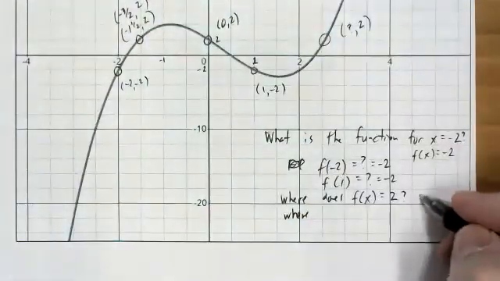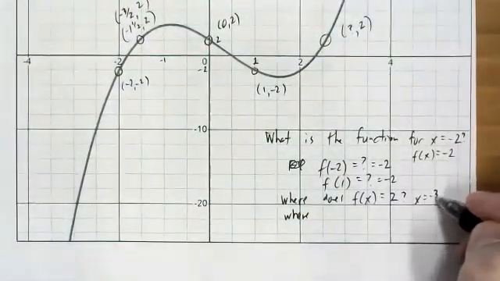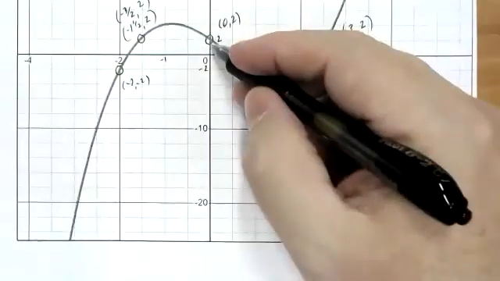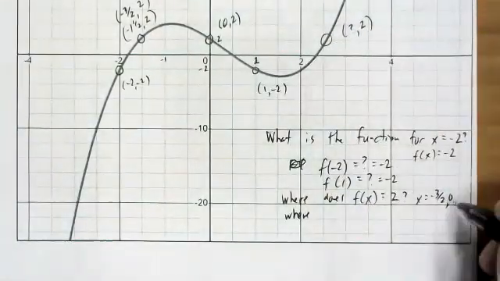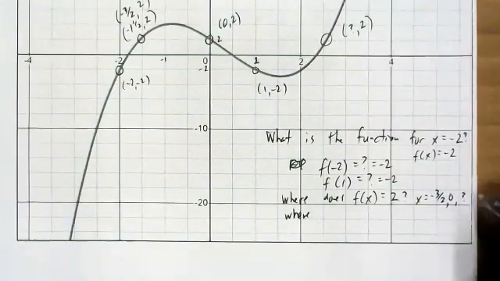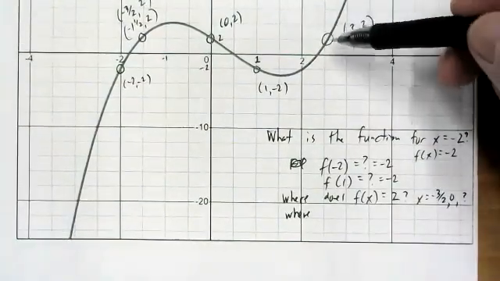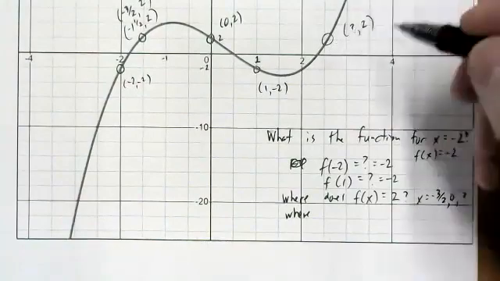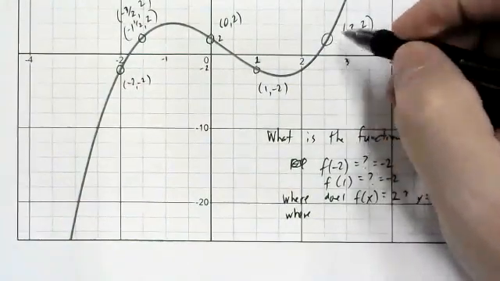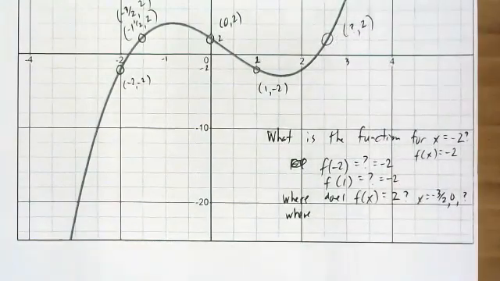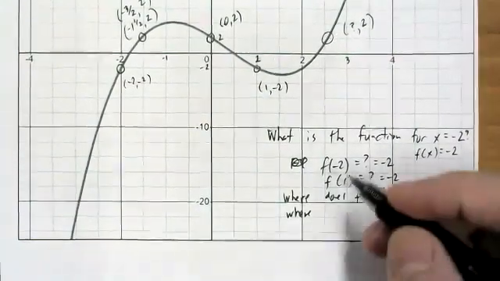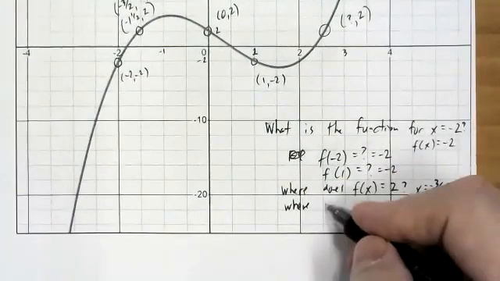I've got x equals -3/2, x equals 0, and I'm not sure what that value is. If 3 is here, it could be like 2.6. I can't really tell for sure. But here's one I do know for sure.